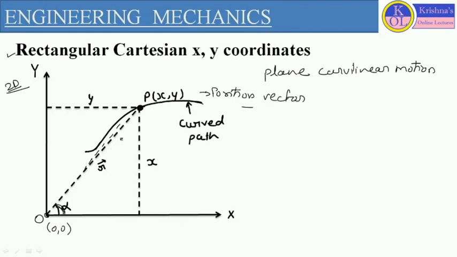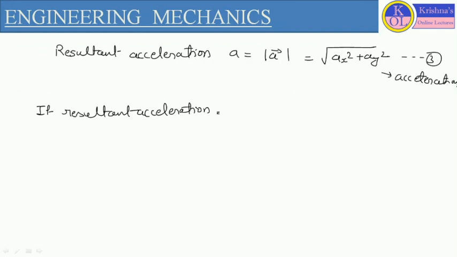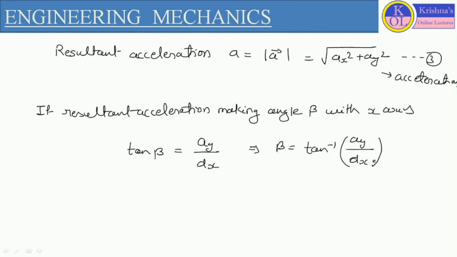Similarly, we define the resultant acceleration from the origin. Let us consider that the angle made by the resultant acceleration from the origin is beta. So tan beta we define as ay by ax, and this beta will be tan inverse of ay by ax.